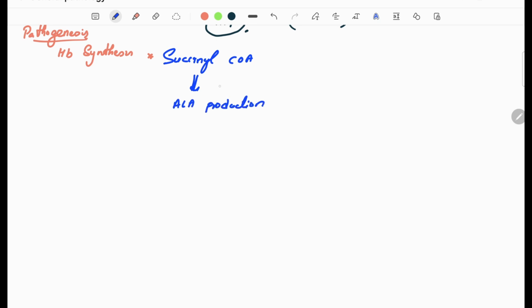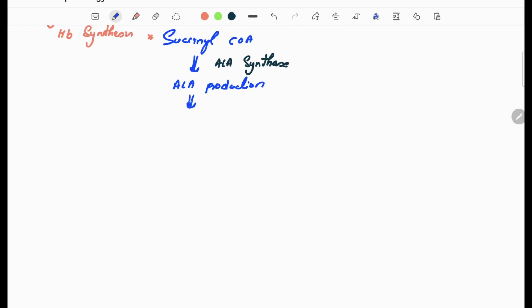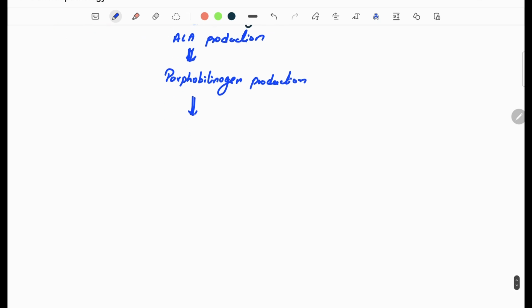ALA is produced here with the enzyme called ALA synthase. Now this ALA is further converted into porphobilinogen, and this porphobilinogen is converted into protoporphyrin.